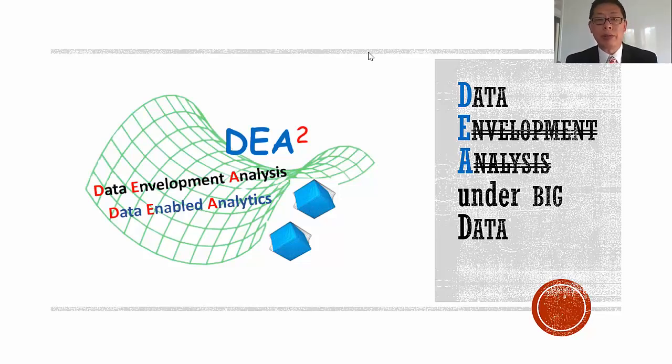And if you think about it, you have to, again, I would say at the very beginning, have data in order to be able to use DEA. So about 40 years ago, we had DEA. Now we have DEA squared. This is a really exciting movement and a good opportunity for all of us to make some new and significant contributions by using DEA on big data.